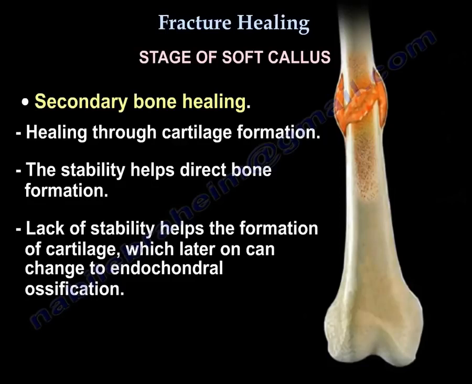Secondary bone healing is healing through cartilage formation. So stability helps direct bone formation. Lack of stability helps the formation of cartilage, which later on can change to bone through endochondral ossification.